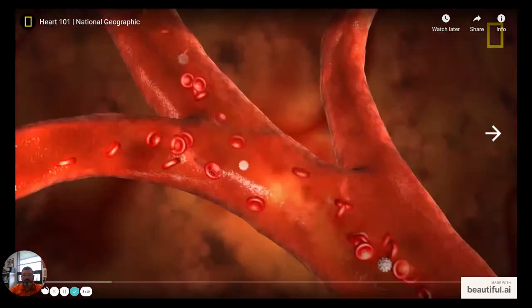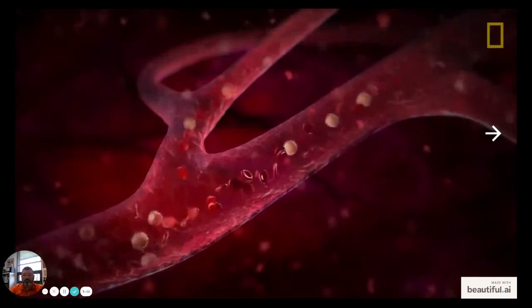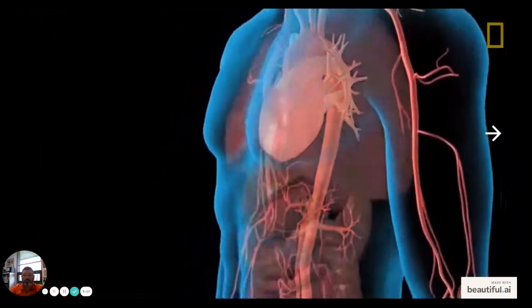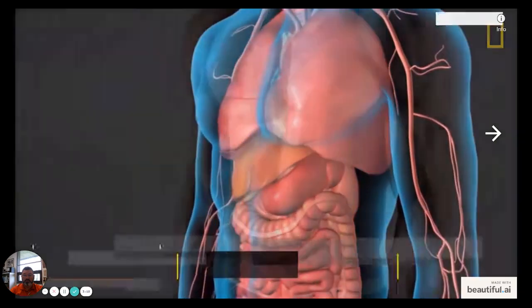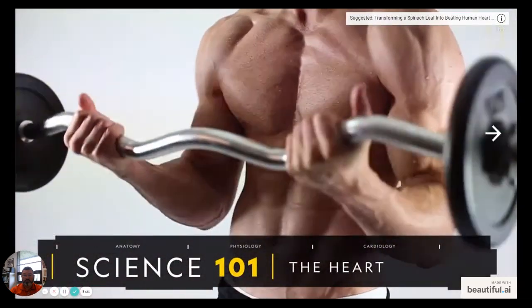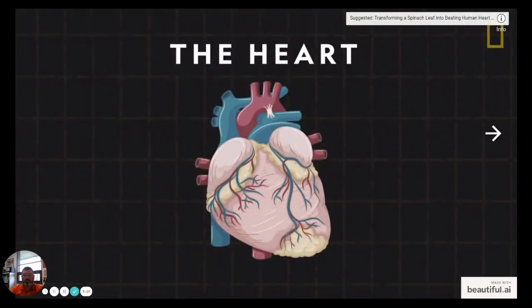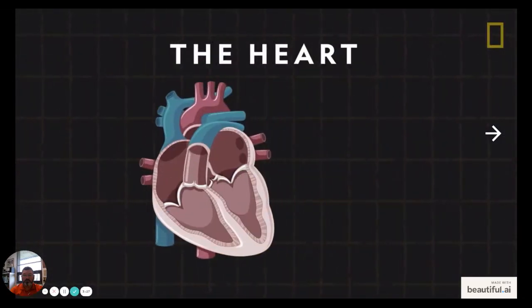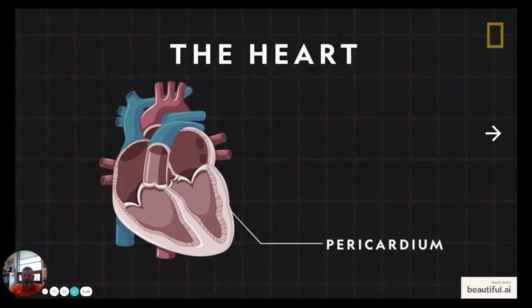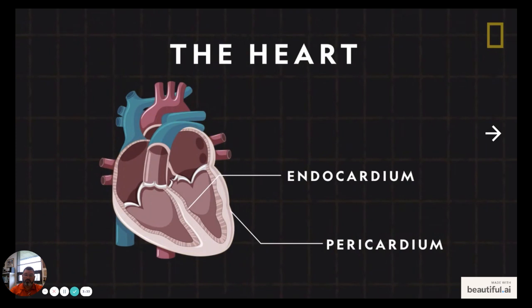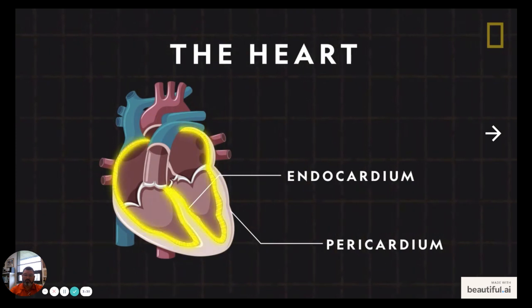The heart pumps blood throughout the body, carrying oxygen and nutrients to every cell. It's this circulation of blood that is vital to sustaining life. The heart is an organ made up of several tough layers of muscle. The pericardium is the thin layer that covers the exterior, while the endocardium lines the inside walls.